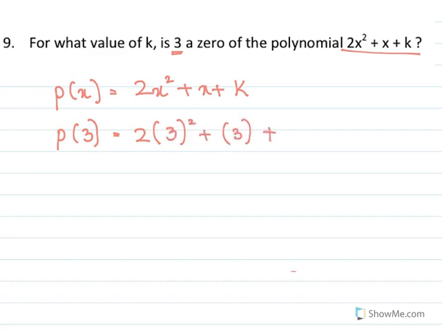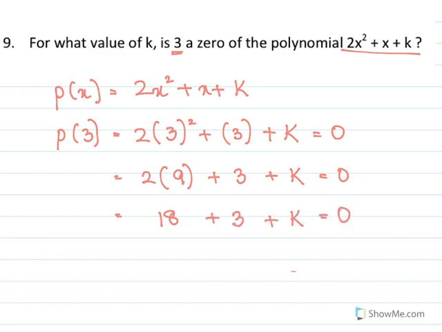This will be equal to 0. So 2 into 9 plus 3 plus k equal to 0. 18 plus 3 plus k equals 0. 21 plus k equals 0. K equal to minus 21.